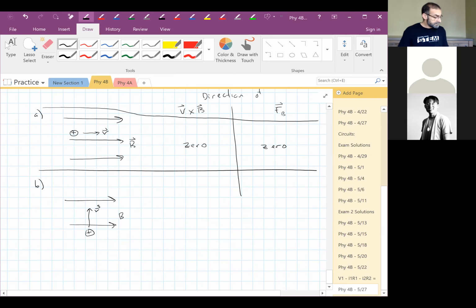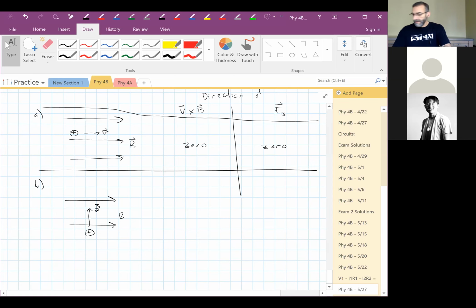V cross B, what direction is V cross B? Into the page.